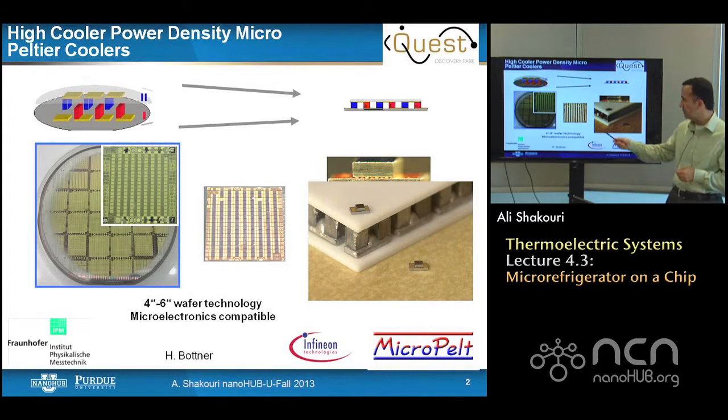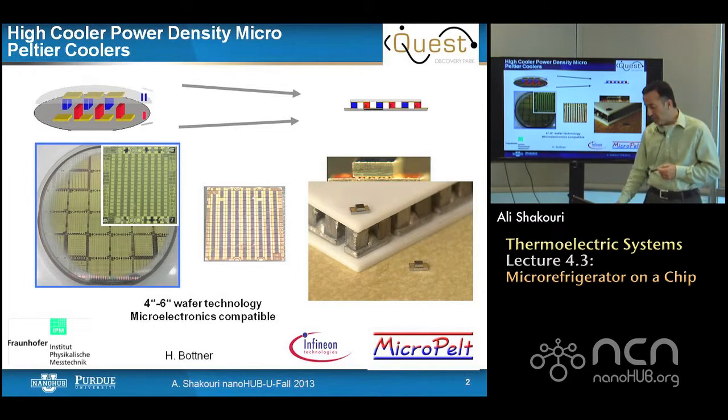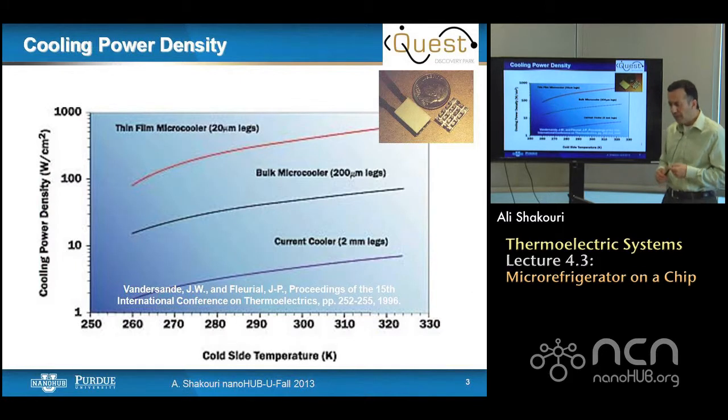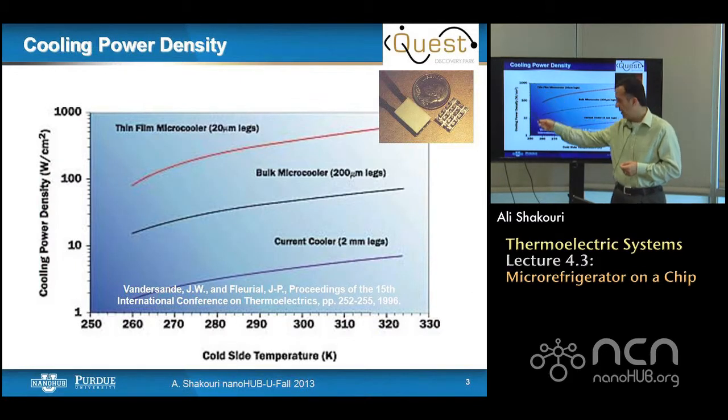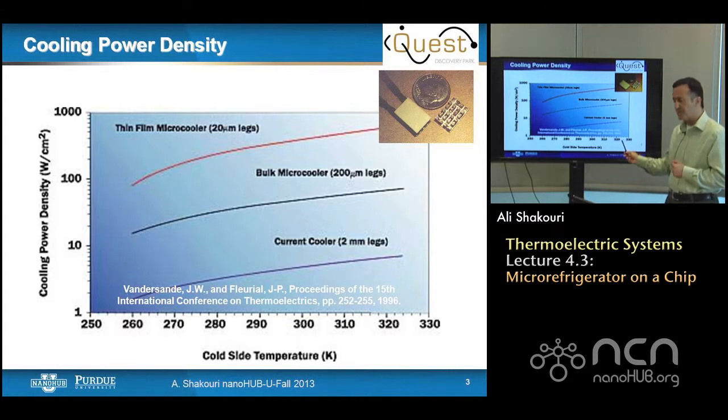So since the mid-90s or so, there were companies like Micropelt that tried to make these tiny thermoelectric modules where the leg thicknesses are so small that we can reach higher cooling power densities. Here is a graph that shows the power density of the thermoelectric versus, for example, cold side temperature for different leg thicknesses.